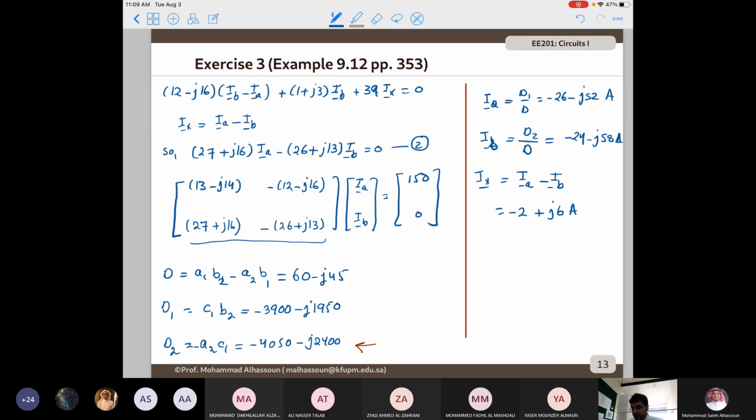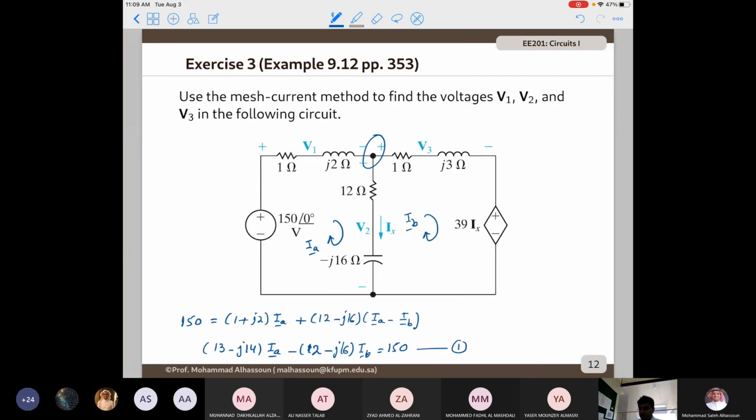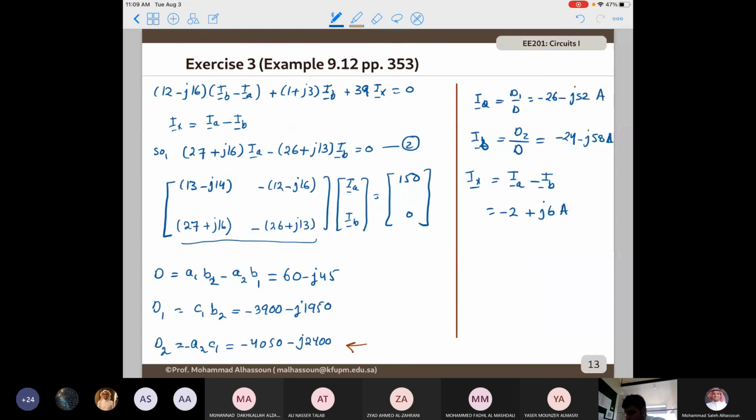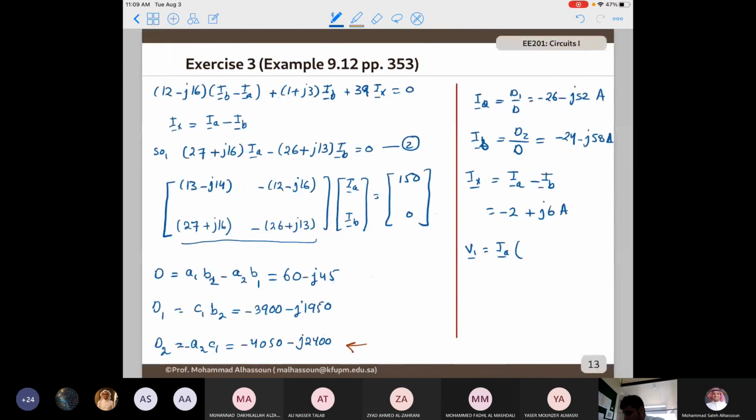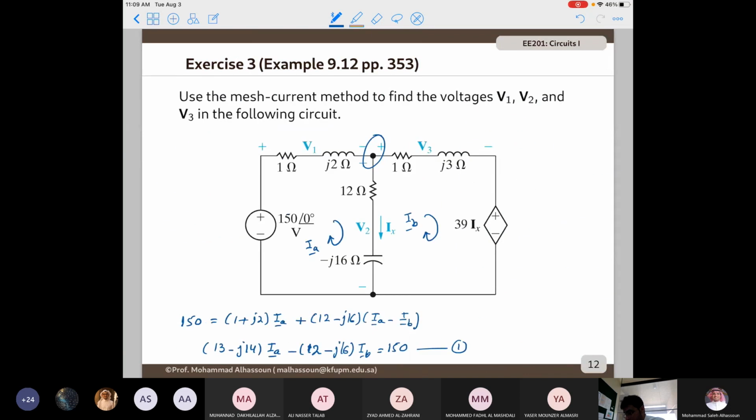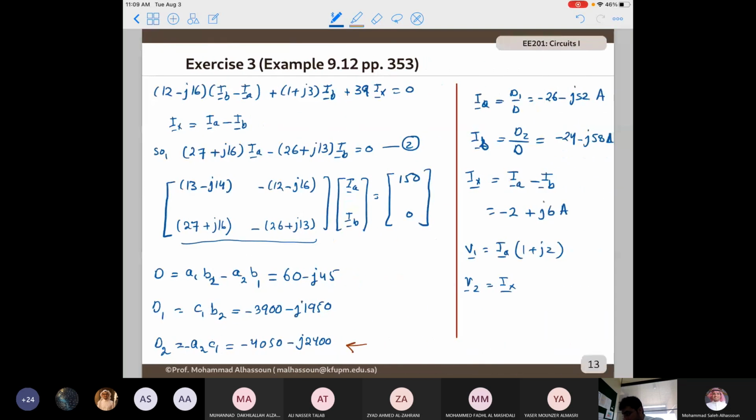So once you find IA, IB, and IC and IX, you can find V1. So V1 is going to be IA multiplied by 1 plus J2. V2 is going to be IX multiplied by 12 minus J16.